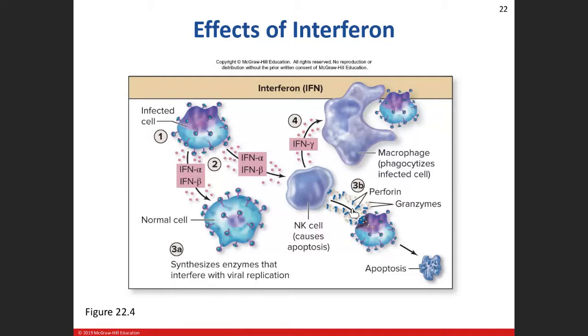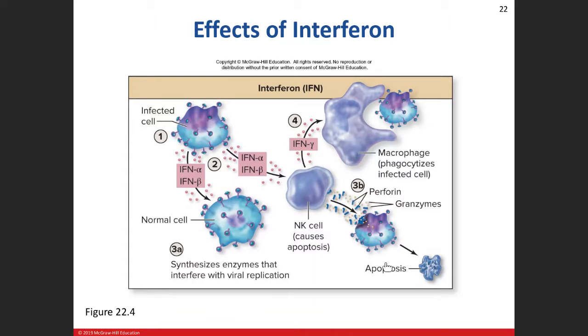Releases the perforin, releases the granzymes, punches holes into the infected cell, and it undergoes apoptosis. So there's a lot that can go on here. Now remember, this is not just one cell, one-on-one, unless it's very early. That's rare, and I'm almost going to say it's an impossibility. This is thousands, possibly even millions of cells that are getting involved in this.